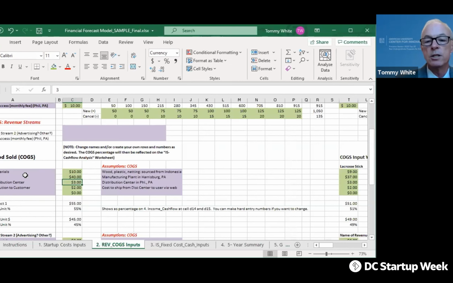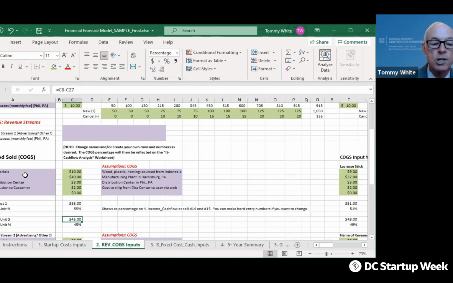Shipping to a distribution center from where it's being made, $3. And then actually to ship it from the distribution center to my end users, it's going to cost me $2. So my total cost of goods sold is $55. I sell it for $100. It costs me $55 to make and ship each individual lacrosse stick that I have.